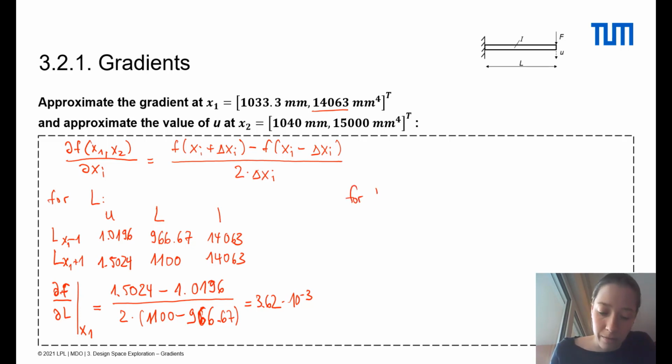For I, we have the same, so we got I of x minus 1 and x plus 1. We got U, 4.1547 and 0.7326.